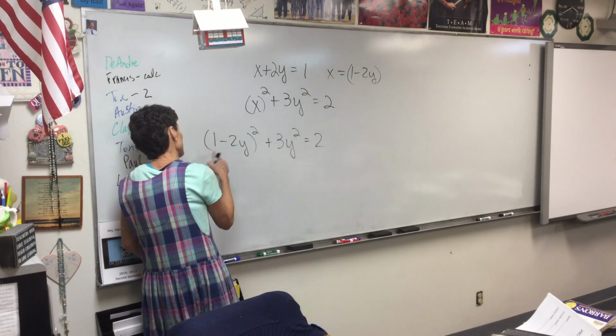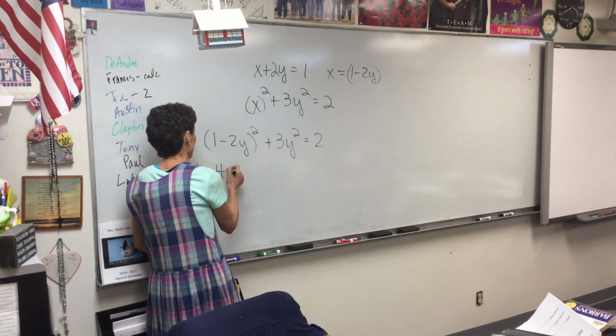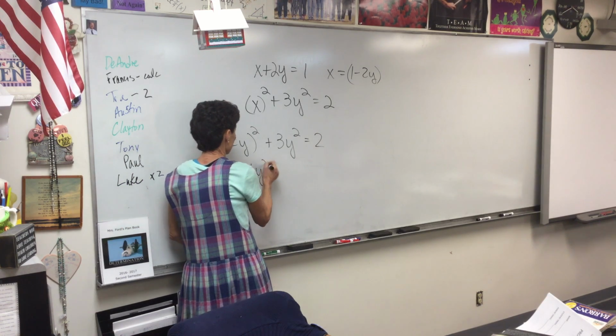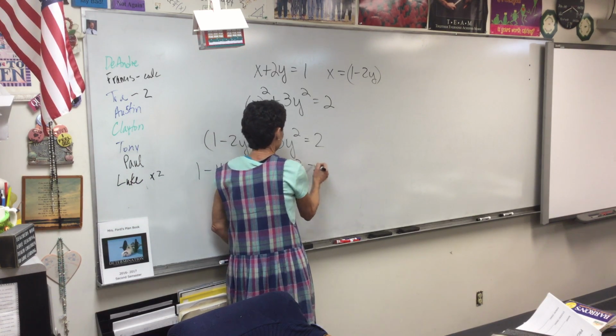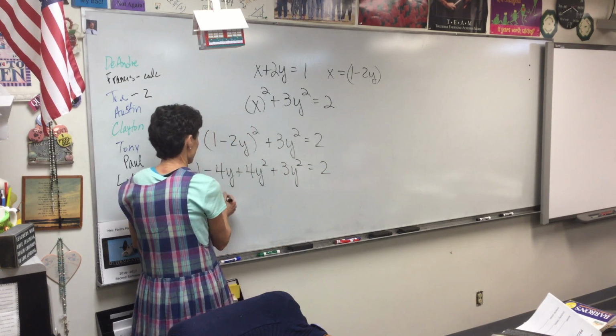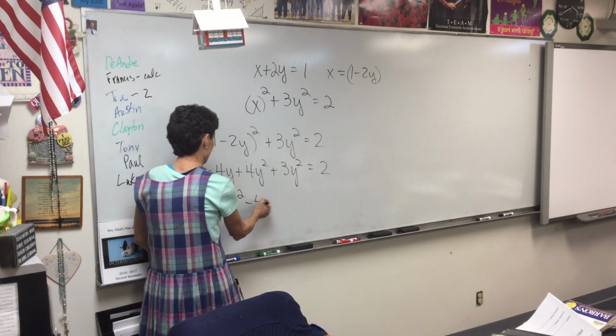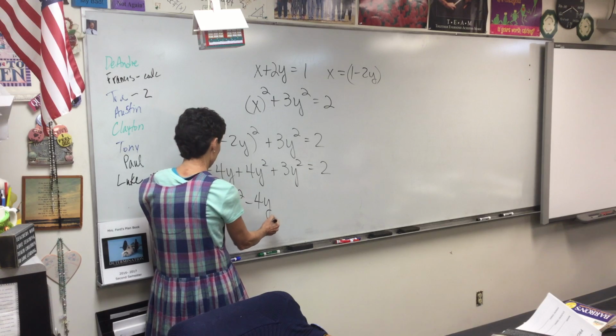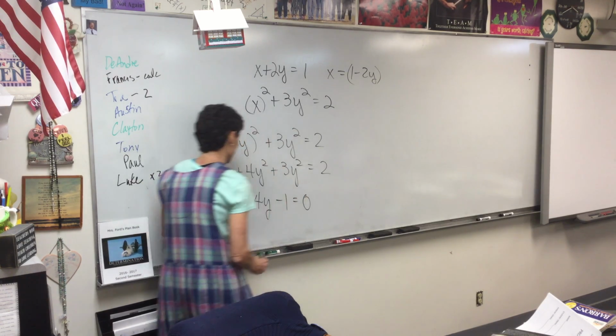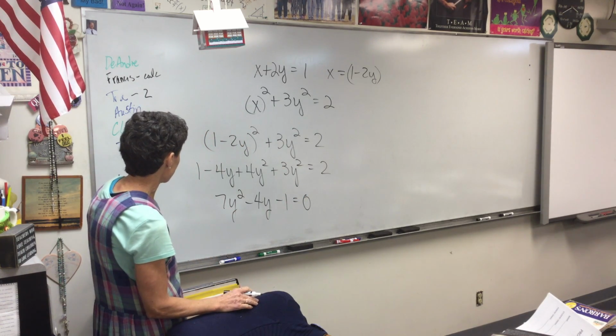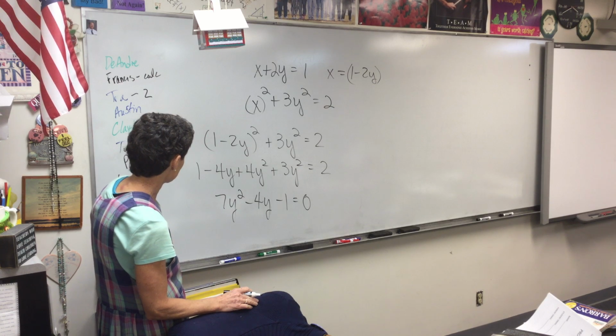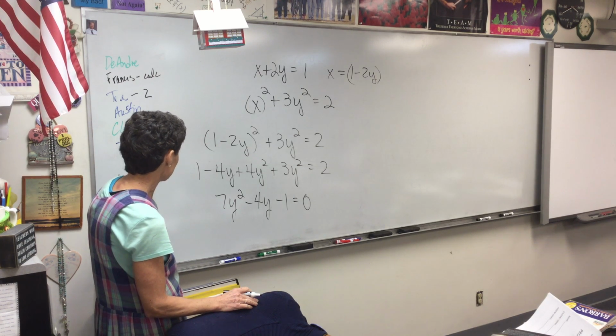FOIL, yes, absolutely, FOIL. So 1 minus 4y plus 4y squared plus 3y squared. Oh, I do not like the looks of this. So 7y squared minus 4y minus 1 equals 0. I really do not like the looks of that. Did I make a mistake, or is that the way? Is that right?